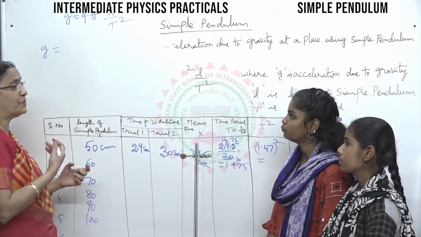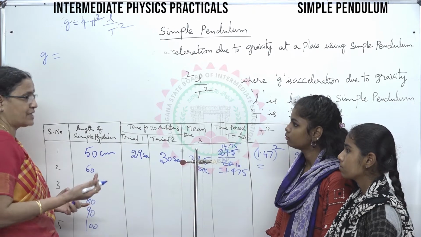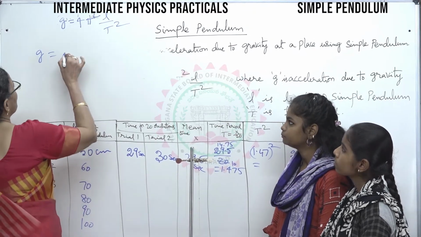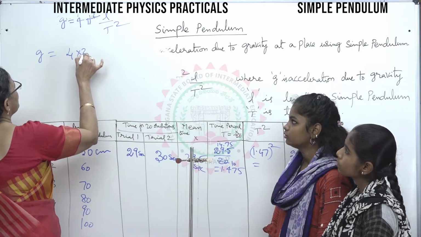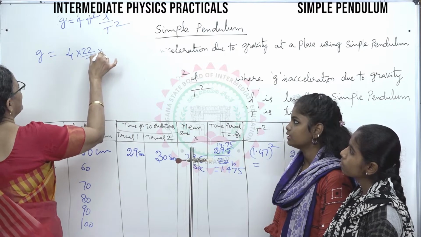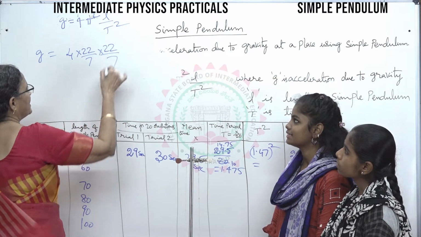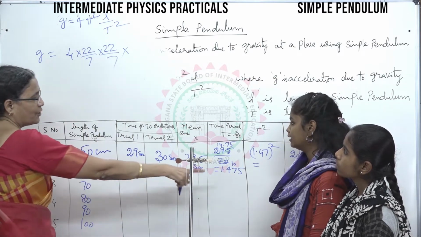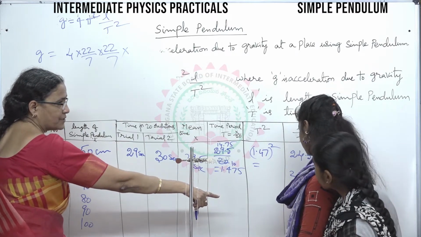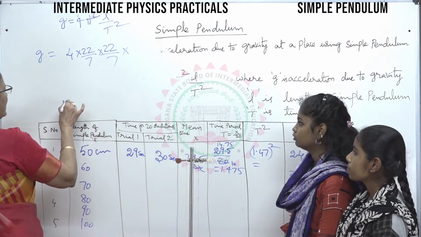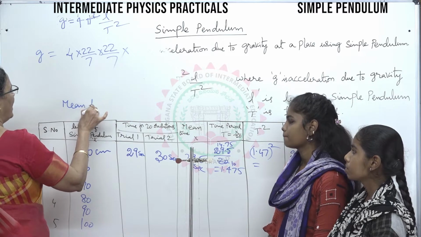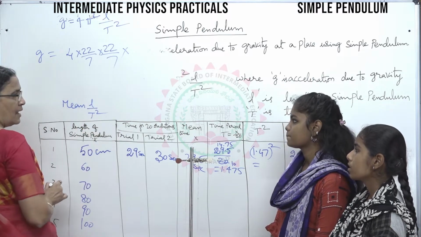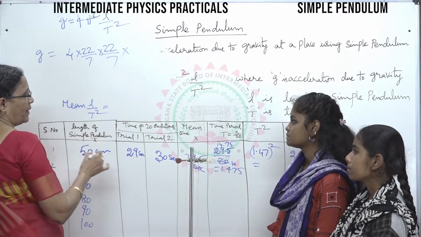We are going to see how much difference you are getting. So, 4 into 22 by 7 into 22 by 7 into, here you got 6 values. You have to calculate the mean L by T². How do you calculate mean L by T²?